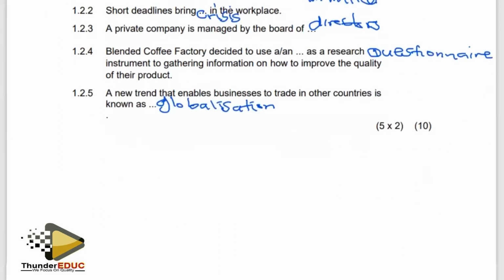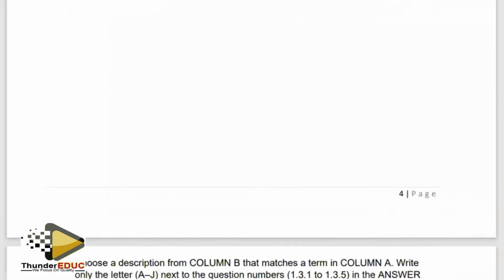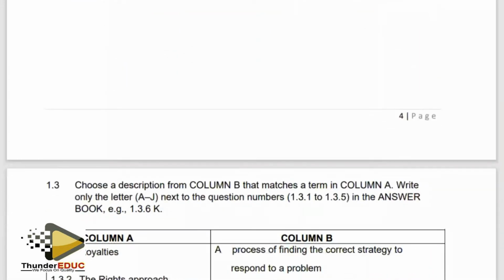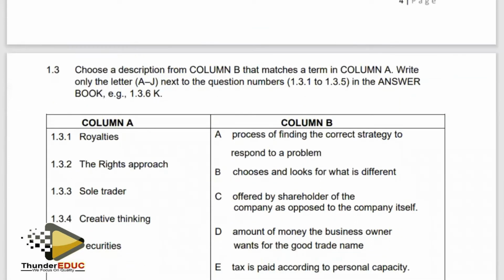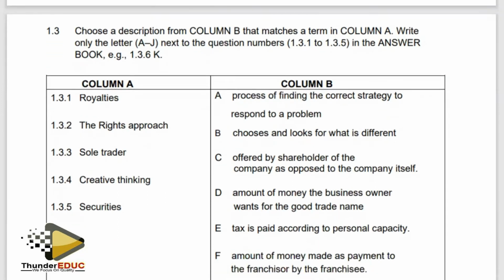That marks the end of that section. Okay, let's look at the next part of section A. So far, we have successfully scored our point marks. We are left with this last section of choosing a description.